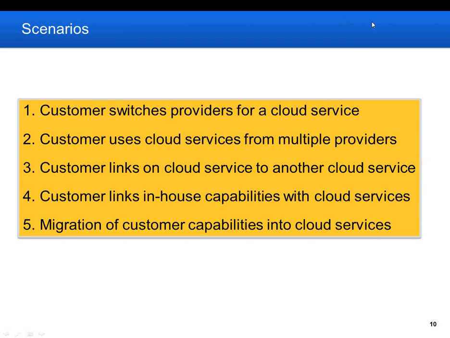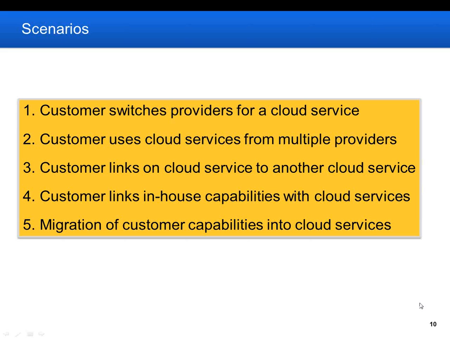The fourth is a very common need to link the customer in-house capabilities, in-house systems with one or more cloud services that you're using. That's a very common thing to do. And the last one, the need to migrate some existing on-premises capabilities that you've got into the cloud services environment.